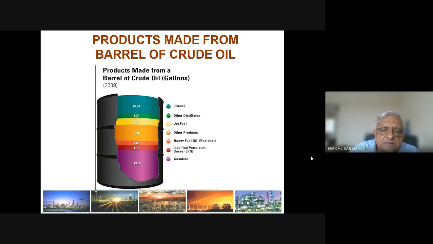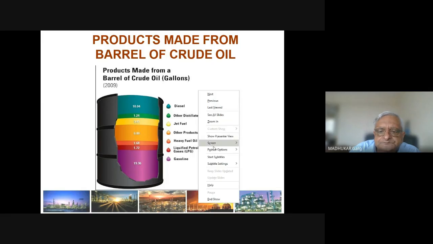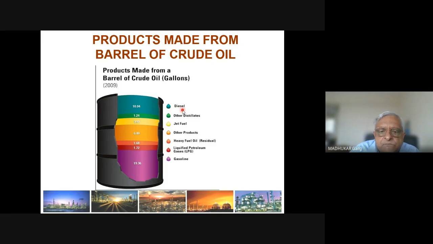What is shown here are products like diesel, jet fuel, gasoline, LPG, and fuel oil, which is used as a fuel not only in the refinery but other industries as well. And you get other distillates also like kerosene and petrochemical feedstocks like naphtha, etc.